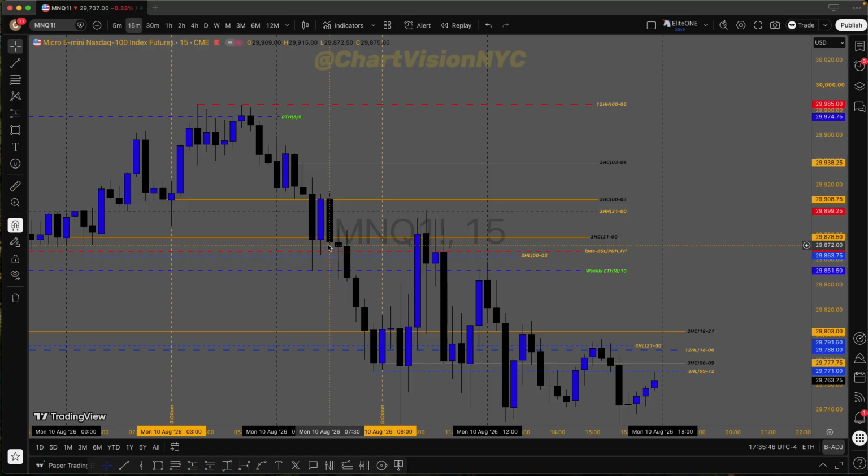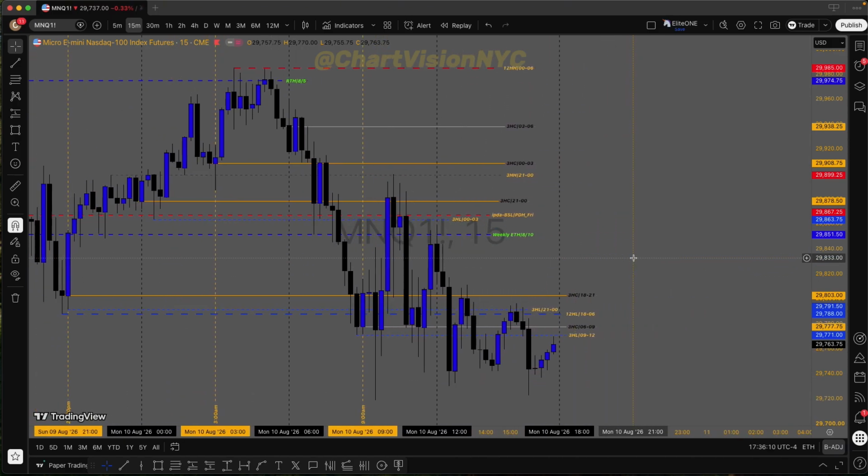So 7:30 to 7:45, we get a closing overlap below 2 of our key levels, right? The 3-hour close, so the 3-hour settlement from 9 to 12, and then the actual high of that period. So you see what the algorithm chose? It chose the high of that period to continue to sell off.